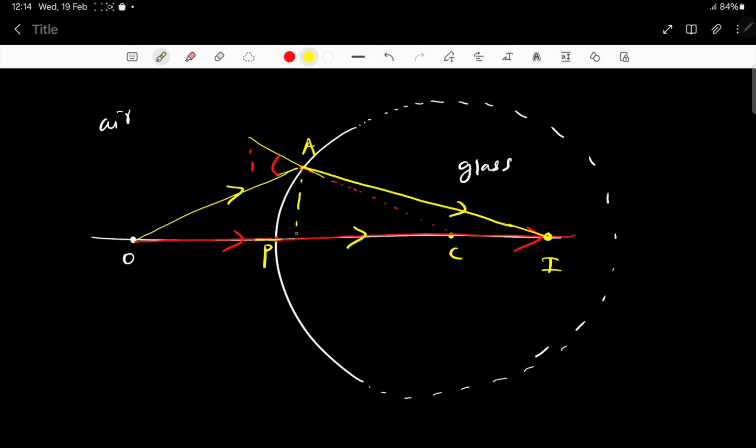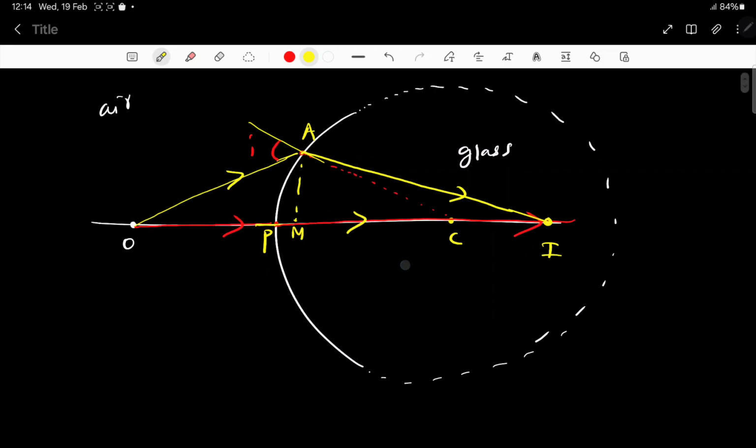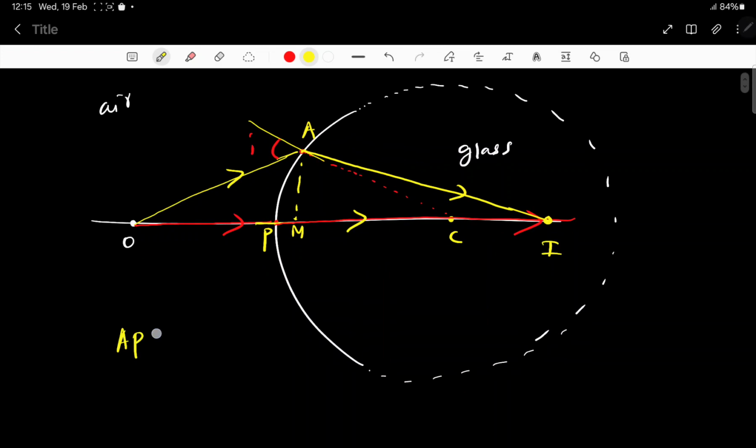We can call this point M. For paraxial rays, AP is approximately equal to AM. That is a reasonable assumption. For paraxial rays, automatically the i value is also going to be very small. Since A is located very close to P, obviously the i value should be very small. When the i value is small, the r value is also very small. So i and r are very small for paraxial rays.